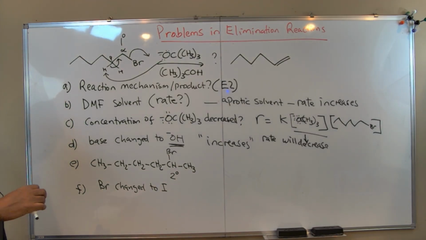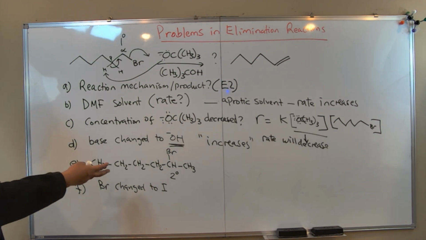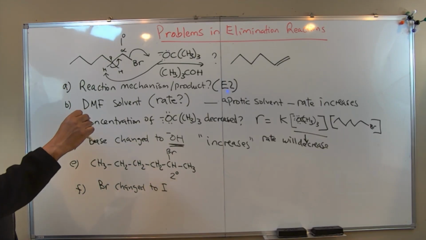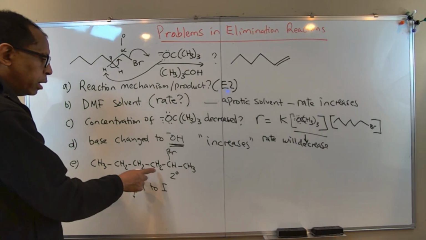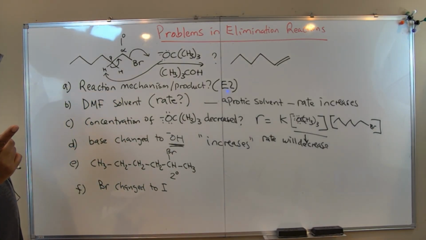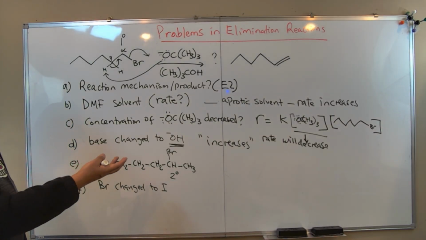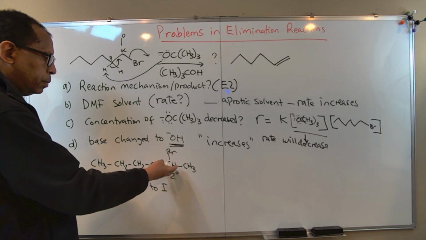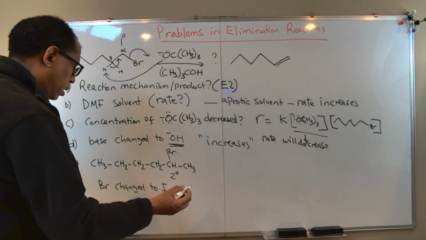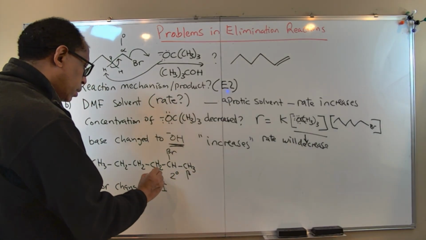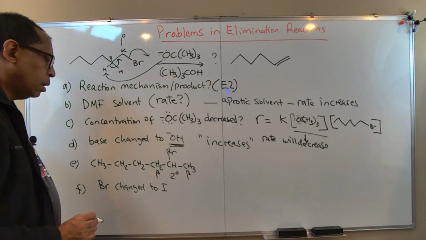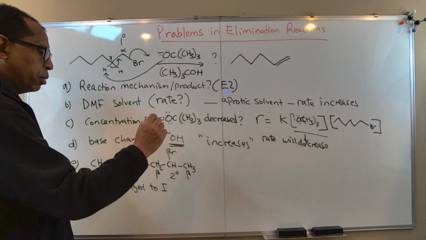In the secondary case, you are also creating more than one product, remember. For example, this is a beta carbon, this is another beta carbon. So you are generating two products.